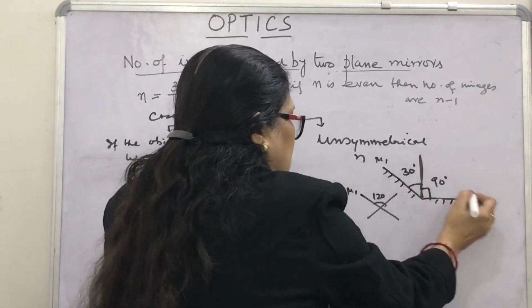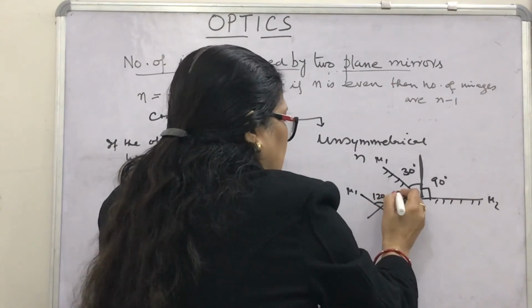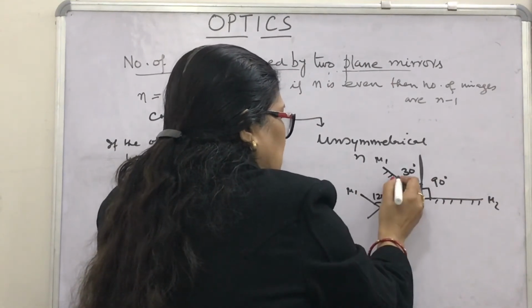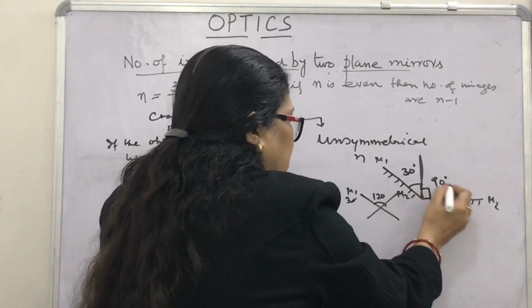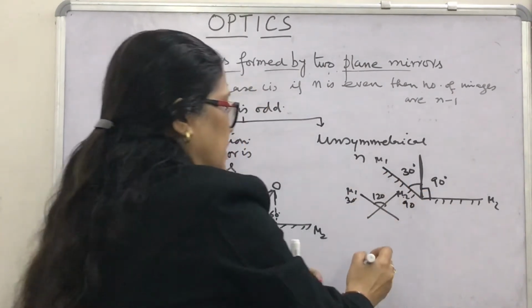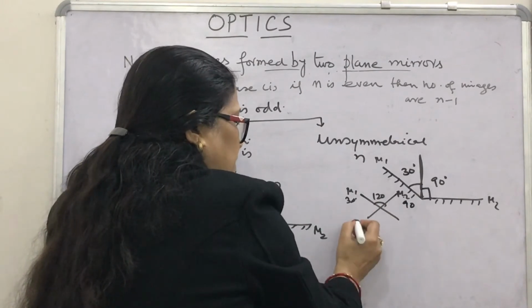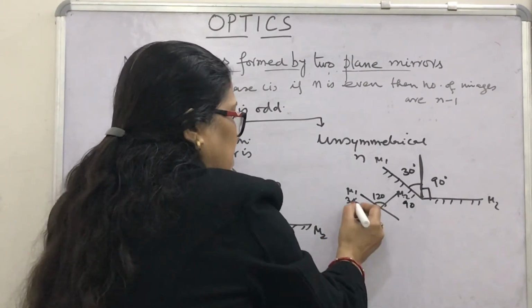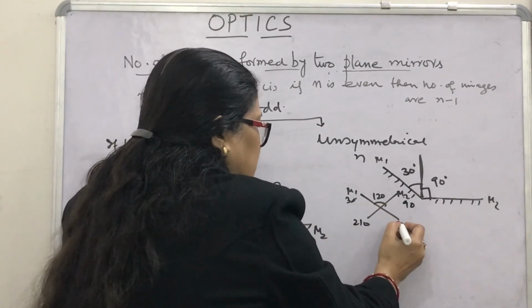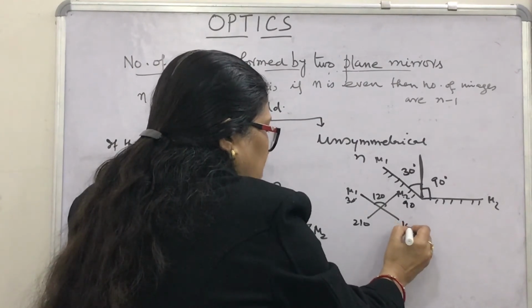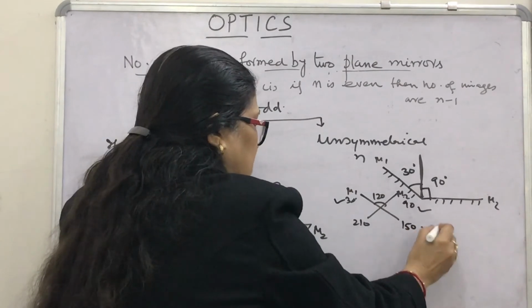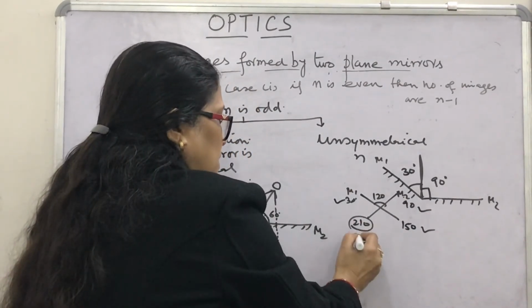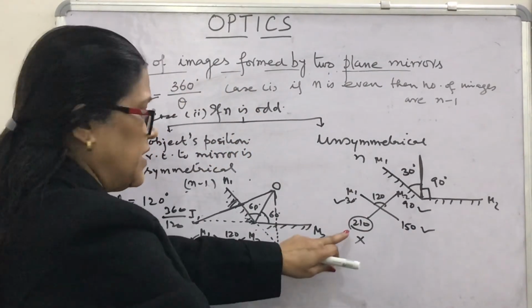This image will be at 30 degrees behind the mirror, from M2 at 90 degrees behind the mirror. Now 120 plus 90 is 210, and 120 plus 30 is 150. So first, second and third, this 210 will not be seen because it is more than 180.